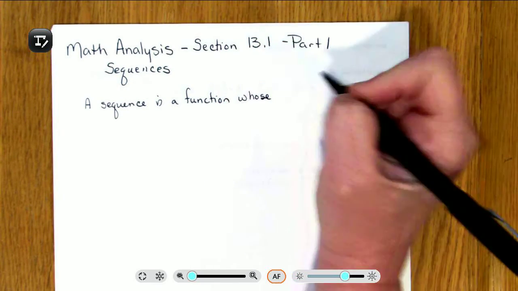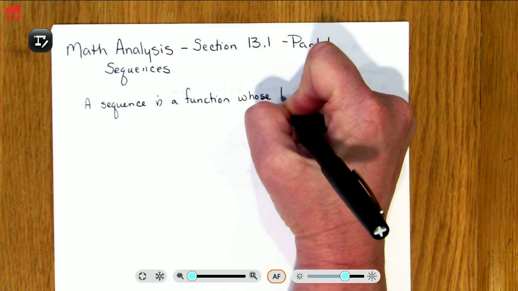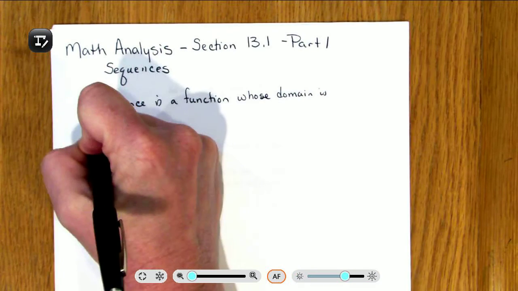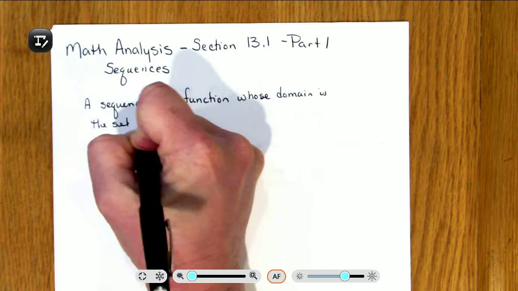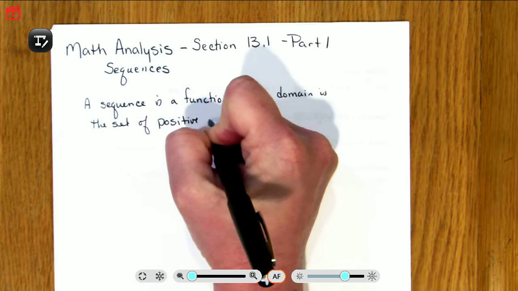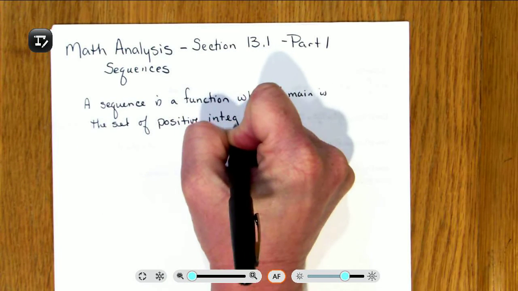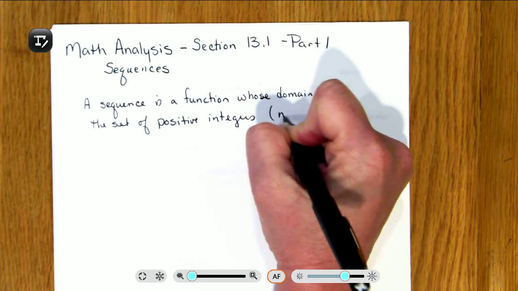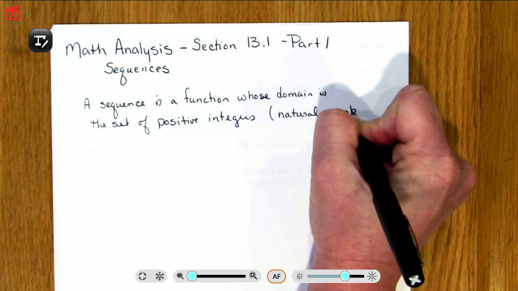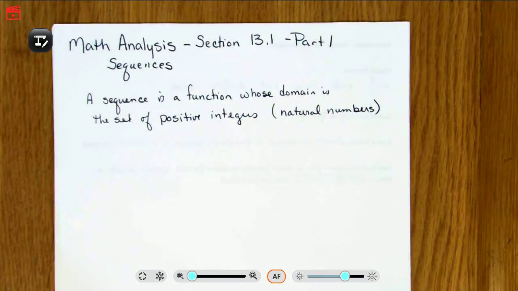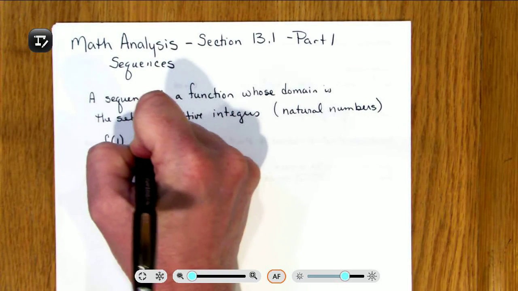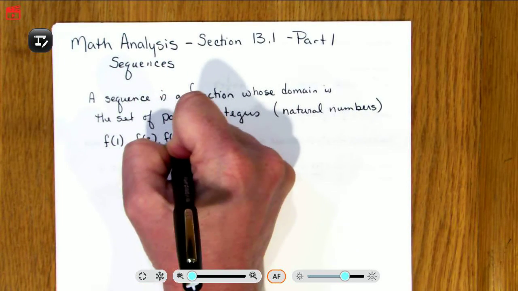And this particular function has a domain, is the set of positive integers, or some people would say the natural numbers. Okay, our counting numbers. So we'd have f of 1, f of 2, f of 3, and so forth.